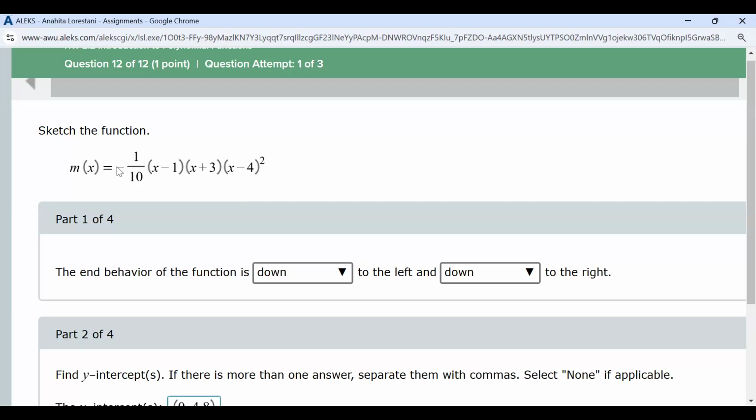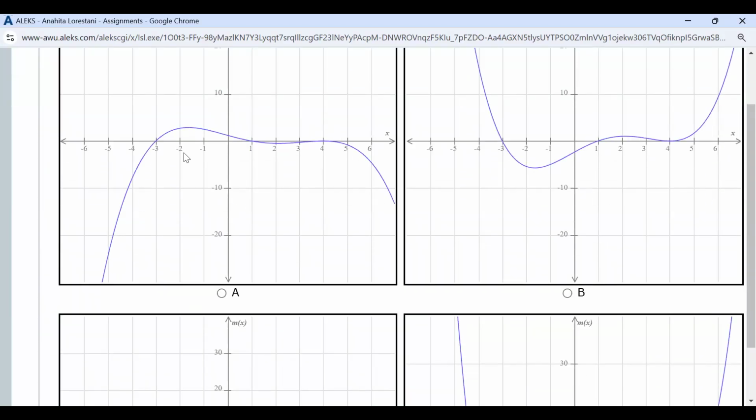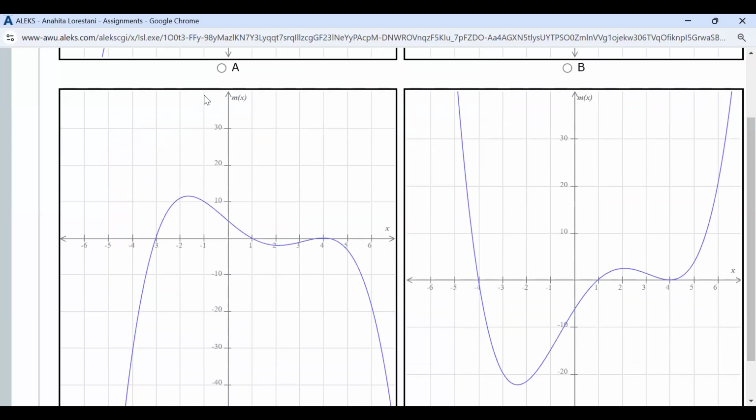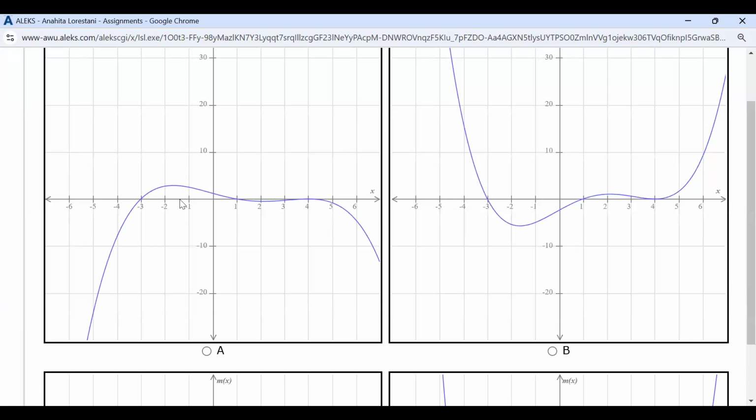-100 times a negative is going to be positive. 100 over 10. 100 divided by 10 is 10. So let's see which one of these, when x is -1, gives us y +10. This is the one. When x is -1, y is +10. So these two graphs both had the same x-intercepts, -3, 1.